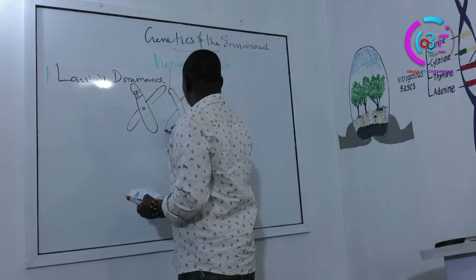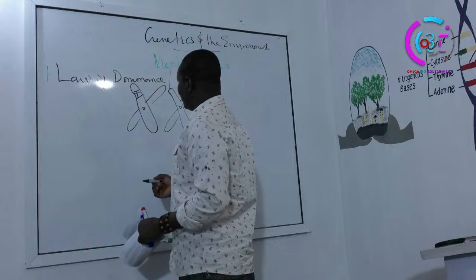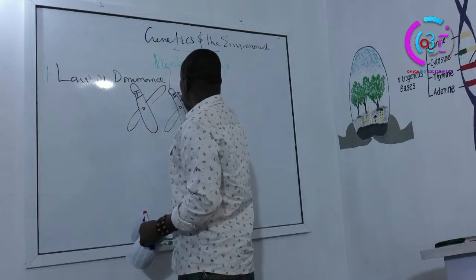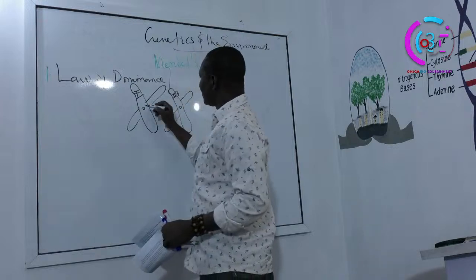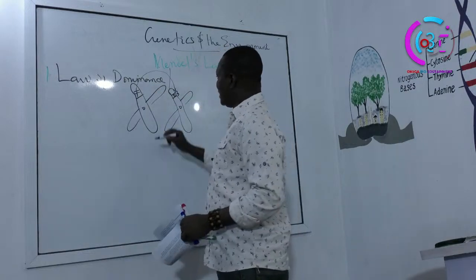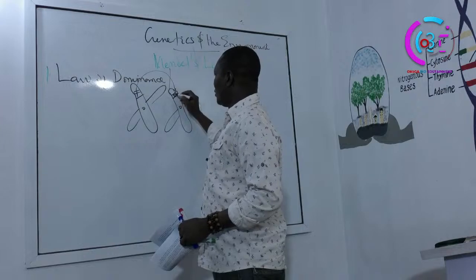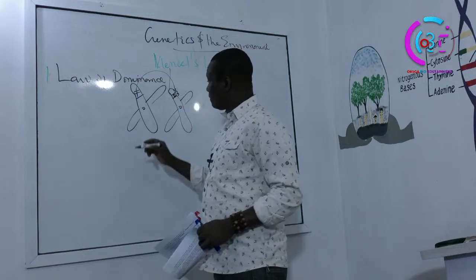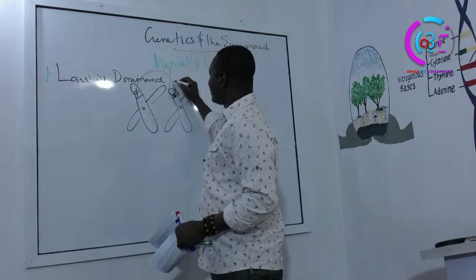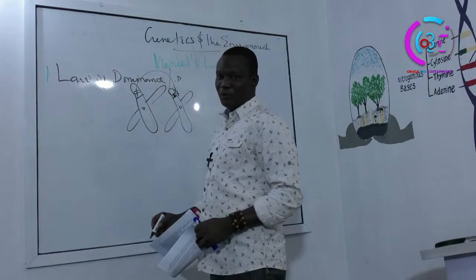Don't forget that an allele is the alternative form of this gene, so the other is shortness. What Mendel is saying is that this character, capital letter T, is overshadowing the allele on the other segment of this chromosome. That is regarded as the law of dominance.